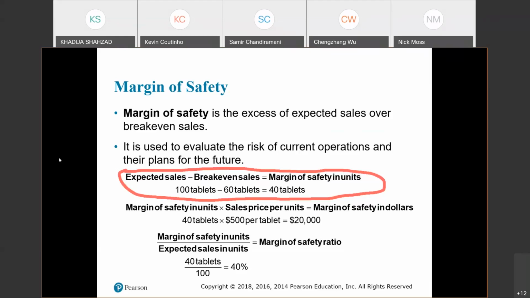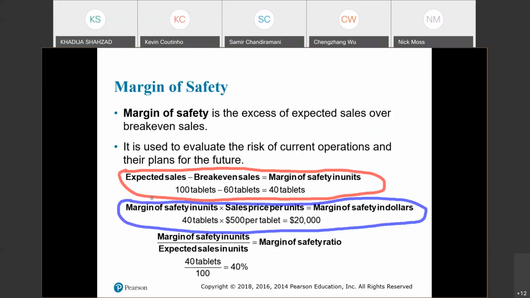The second way is to express margin of safety in terms of dollar amount. We can directly use 40 tablets times the selling price per tablet. We get $20,000. It is the margin of safety in dollars.